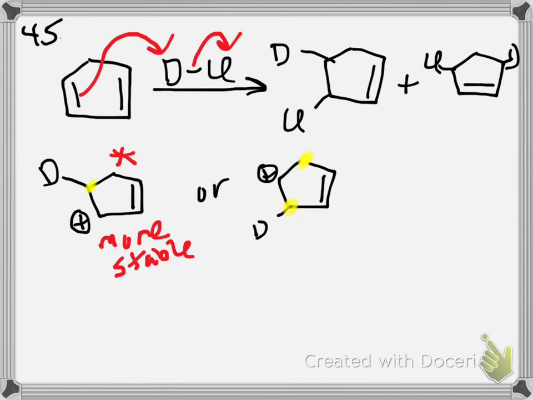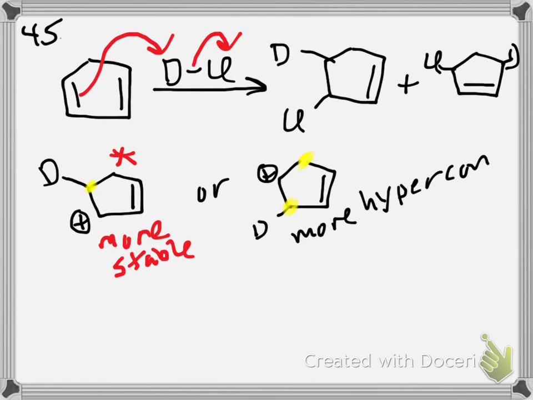What that means is that this has more hyperconjugation. But we already said that the intermediate on the right was not the more stable intermediate. So there needs to be an answer other than hyperconjugation, which accounts for it being more stable.